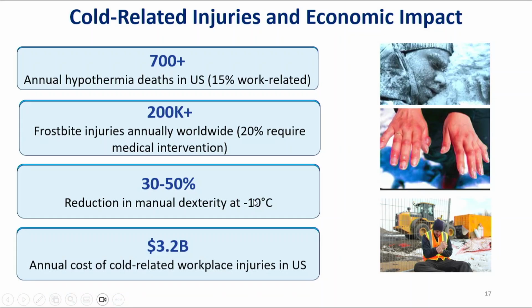And you can see the annual cost of cold related workplace injuries is 3.2 billion US dollars. So, huge economic impacts are there. This is mainly a problem for the cold countries.